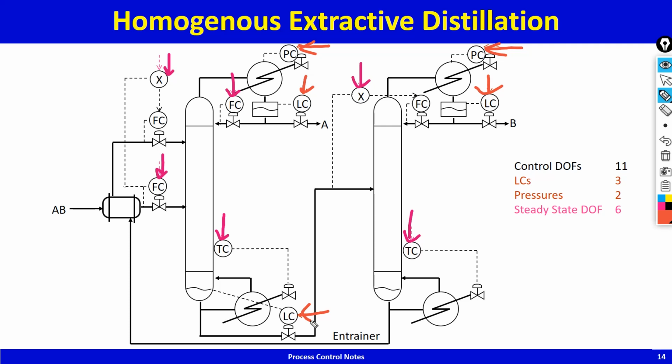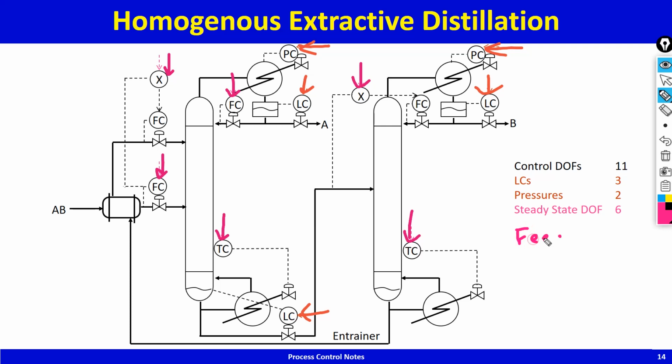Okay, so that's the control system and the degrees of freedom for this seemingly complex process. What I should write here is, what are my steady state degrees of freedom?